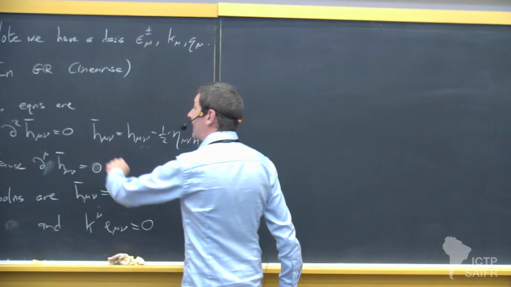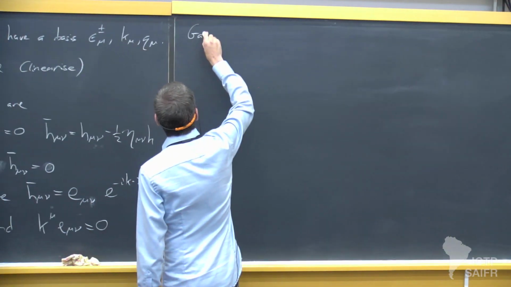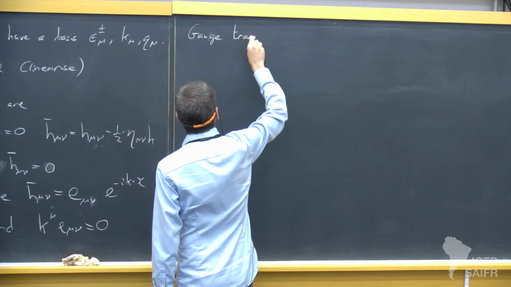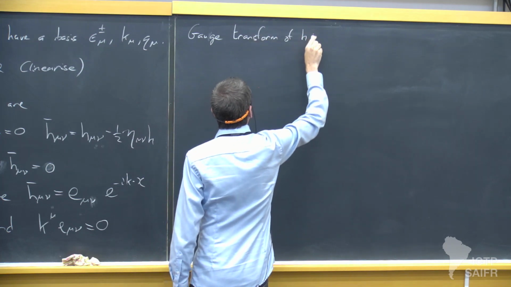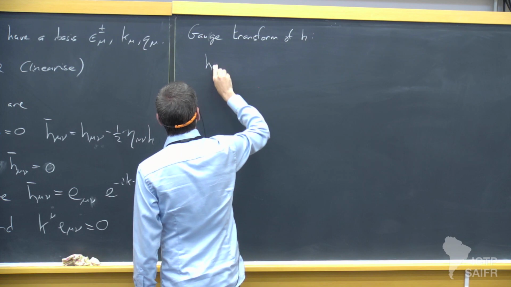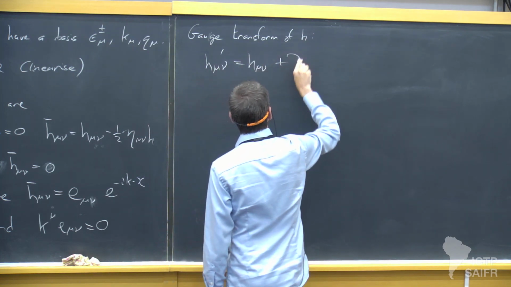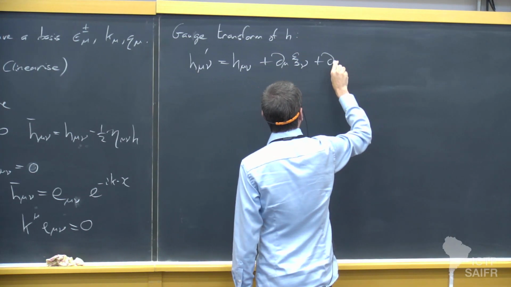So what is the gauge symmetry that we have left? Well, the gauge transformation of h is an easy one to remember: you just get to add a symmetrized derivative of a vector field to the metric.